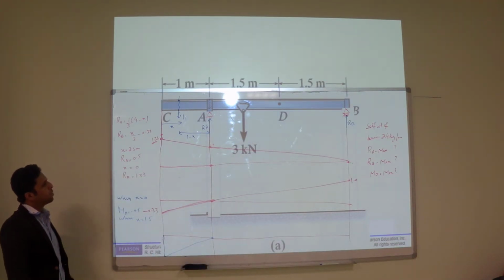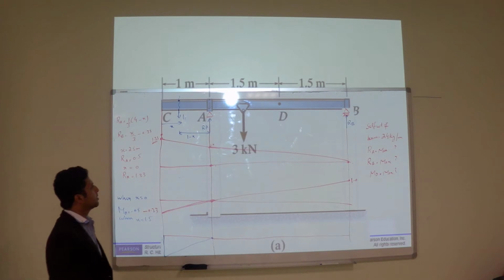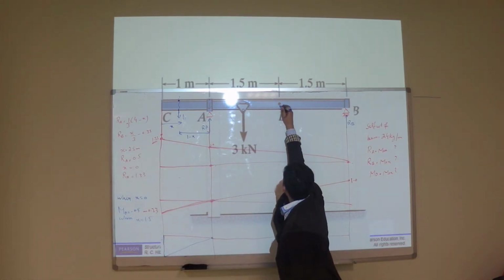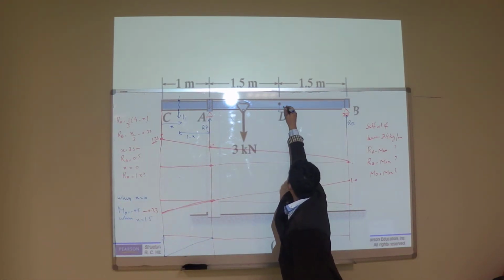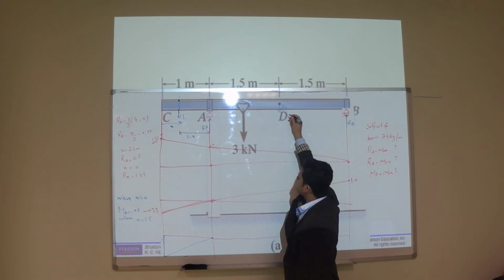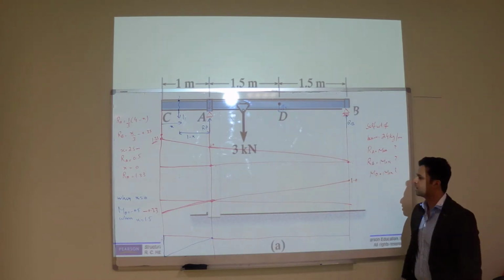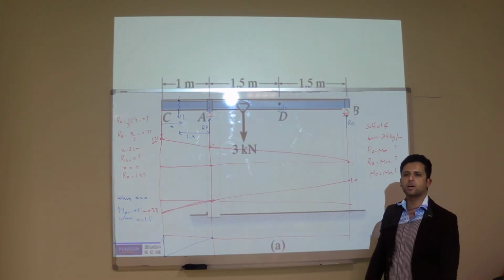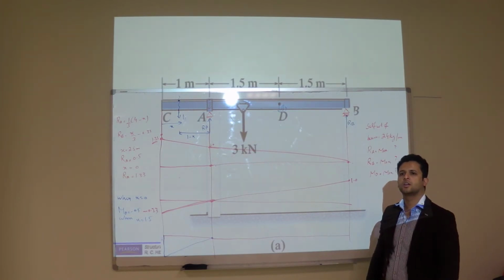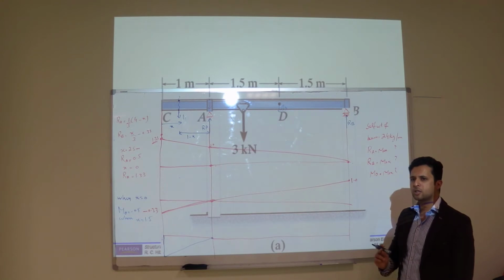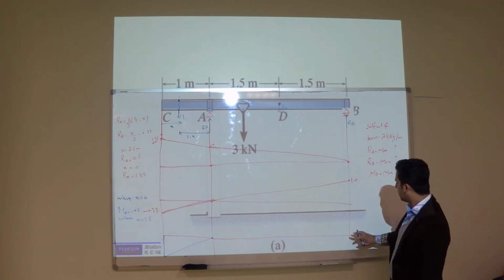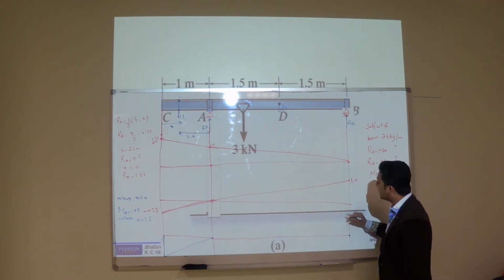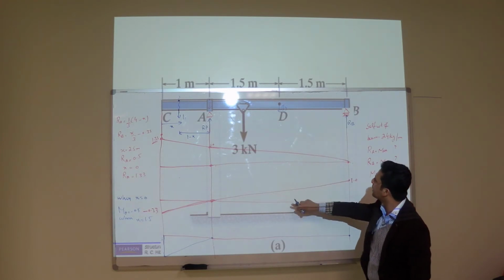If load is at point D, here, how much will be the moment? If the load is at the center, how much will be the moment at point D? So x is 2.5. Let me tell you, in case of moment, we need one more point here.